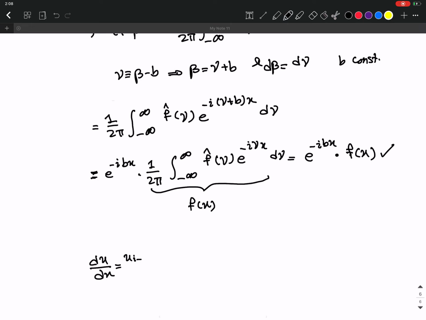So you can discretize it as u(i+1) minus u(i) over delta x, right? A very simple, crude kind of discretization. This is going to have some order of error.